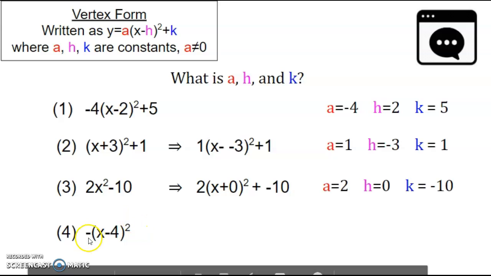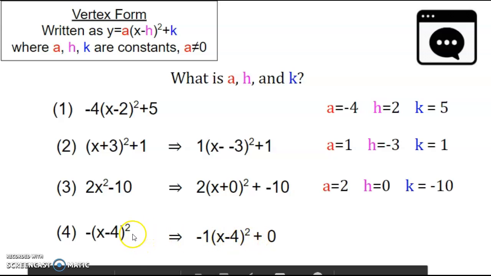What about this? Negative (x minus 4) all squared. In this case, it's not just negative, but negative 1 is being multiplied to (x minus 4) all squared. Remember, when there is no number in front, then you can always put negative 1 or always put 1 in front.